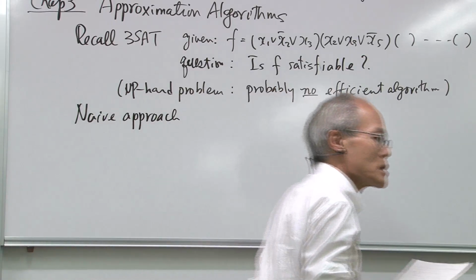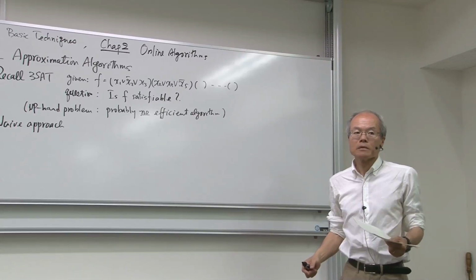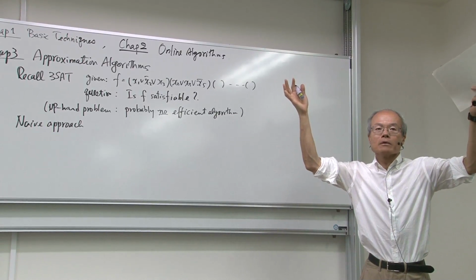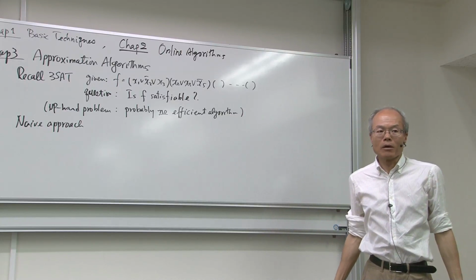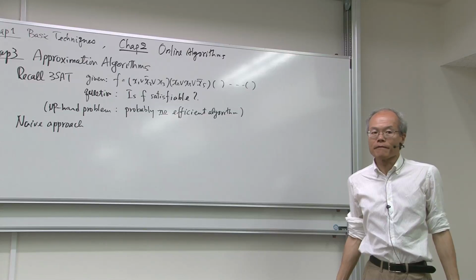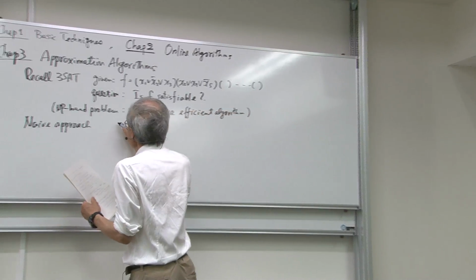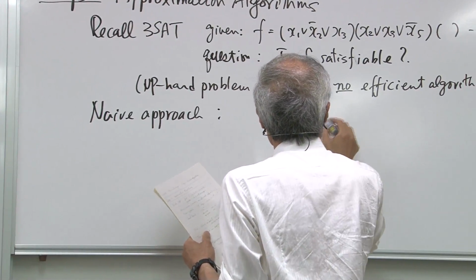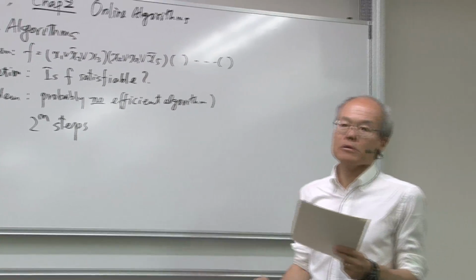That is, of course, to check all the assignments to the variables. If we have n variables, then from all 0 through all 1, that is 2 to the n different assignments. That means we need 2 to the n steps, and this is not so good.